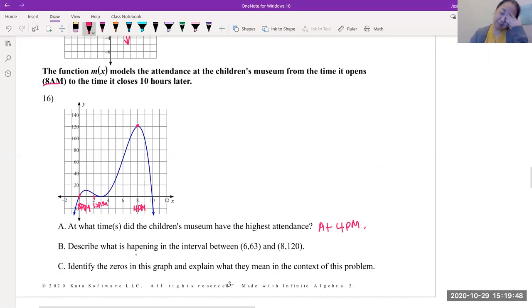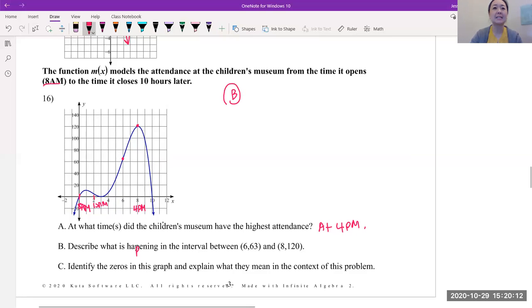All right. Describe what happened. Sorry, I thought I fixed this. I didn't fix this, darn it. This is 2 P's. Describe what is happening in the interval between 6:63 and 8:120. So here's 6:63, right about there, and 8:120. So I'm going to write this up here. This is my B. I don't have a lot of room over there. So what's going on?